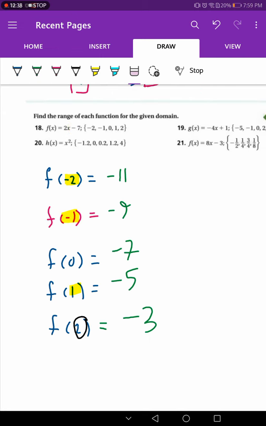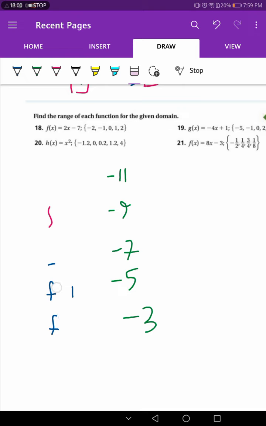And you remember, if he give me a function and this is the range. If he give me a function and domain, I can find the range. So the range for this function, my dear student, is what?